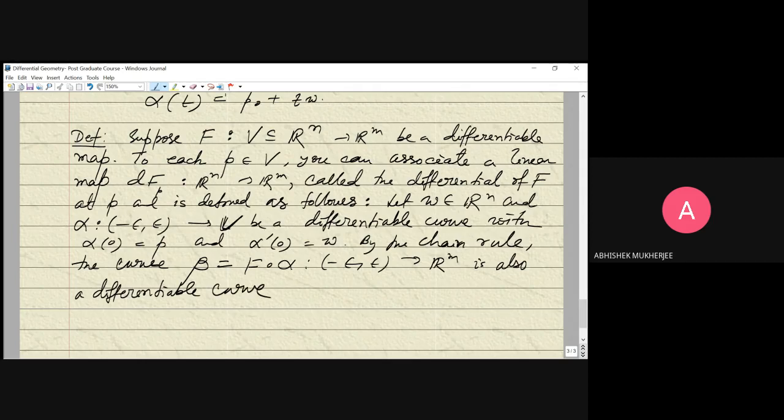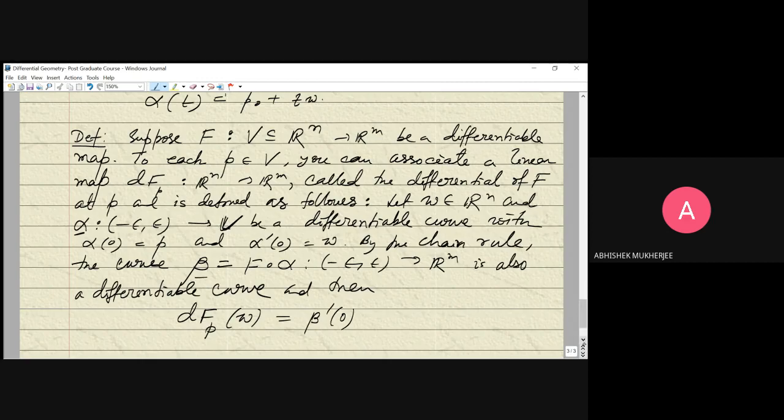On F of V, and then dFp of W, the tangent vector of this curve at P, maps to the tangent vector of the curve beta at beta 0, that is F of P, right? So this is the definition.